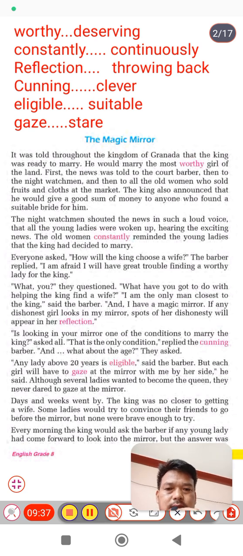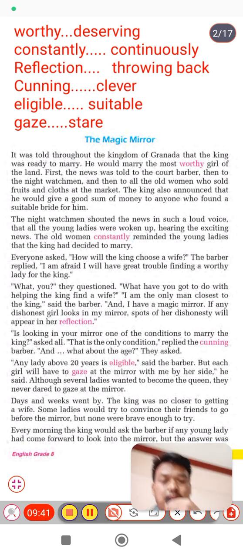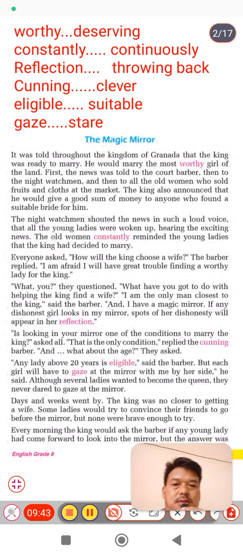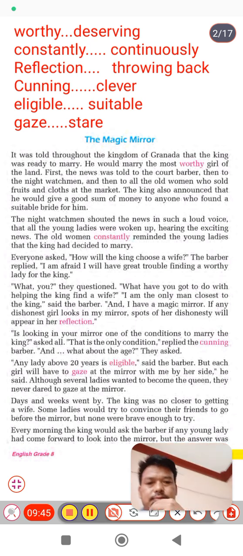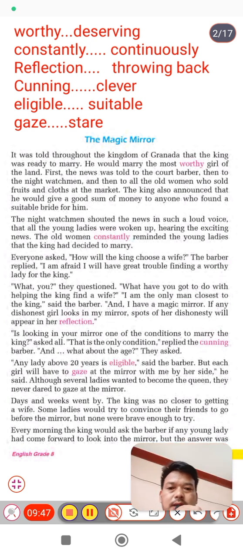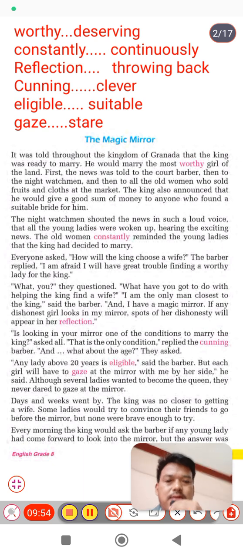And is looking in your mirror one of the conditions to marry the king? Everyone asked, and the other people and ladies who were there asked the barber if looking was one of the conditions.